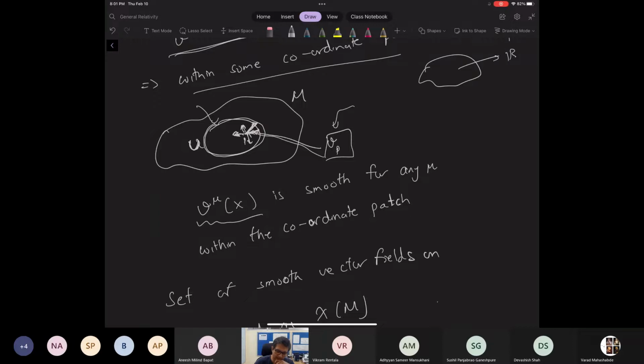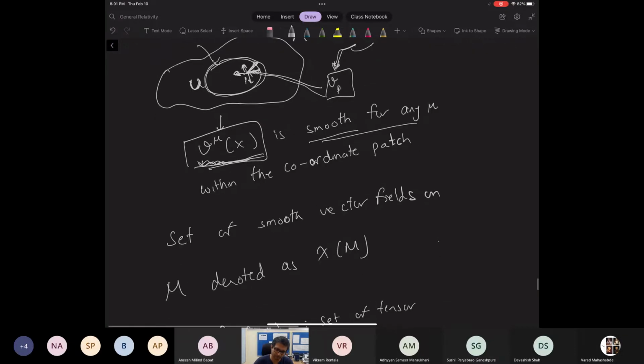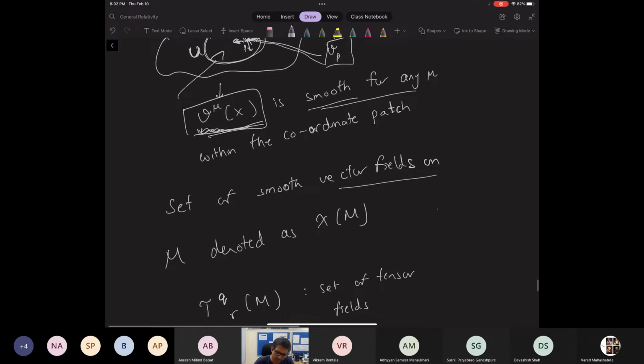The claim is that these coefficients are smooth, that is, infinitely differentiable functions for any choice of μ. If they are, then V is a smooth vector field, at least within this patch. And if it's true over all patches, then V is a smooth vector field over the entire manifold. The set of smooth vector fields on the entire manifold we denote as χ(M). This is all possible smooth vector fields that you can put on the manifold.